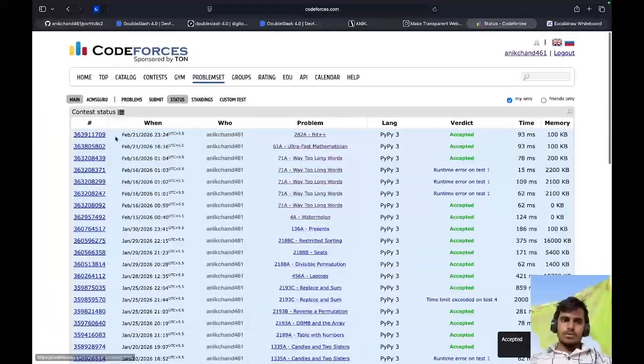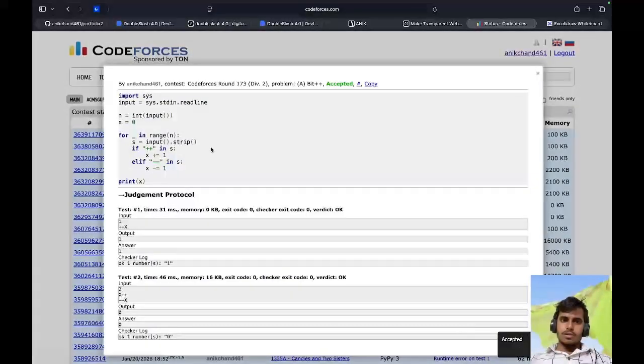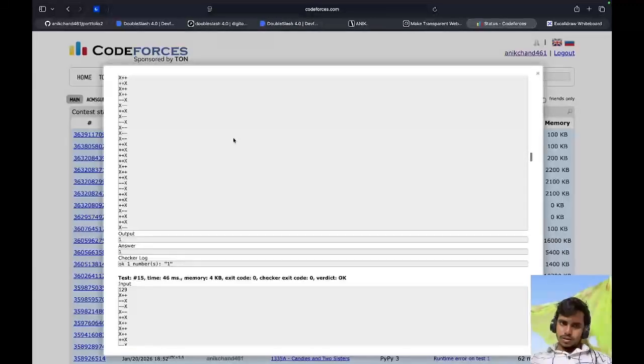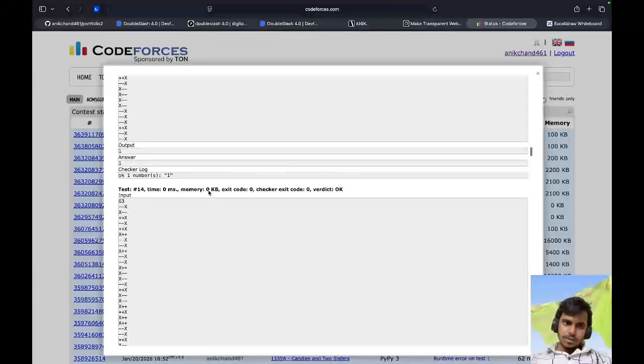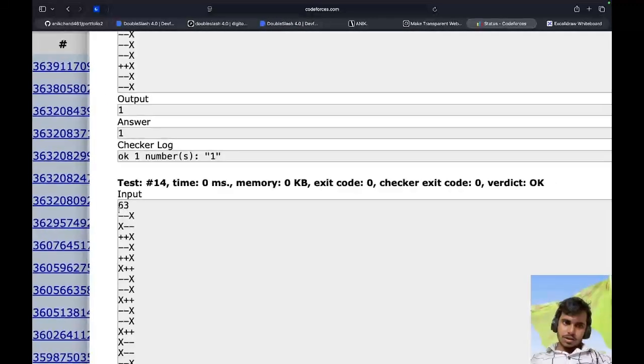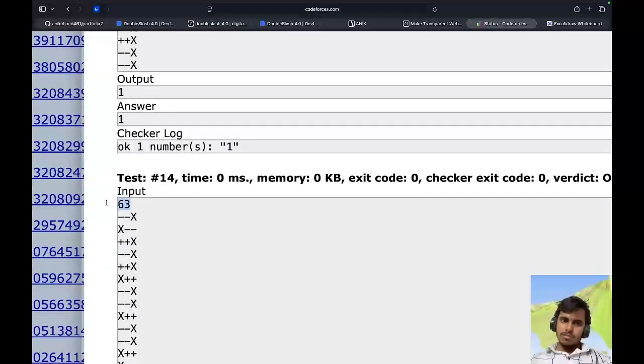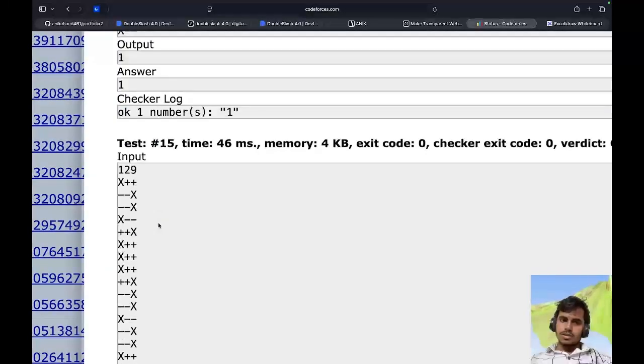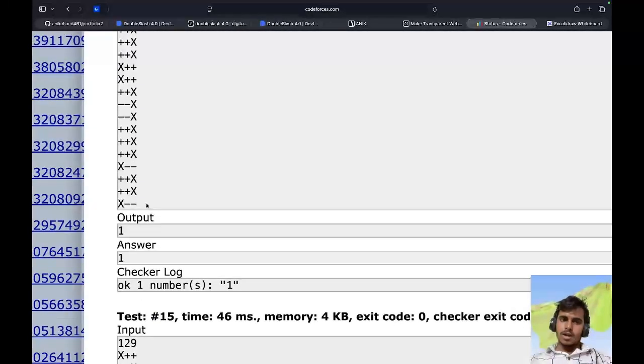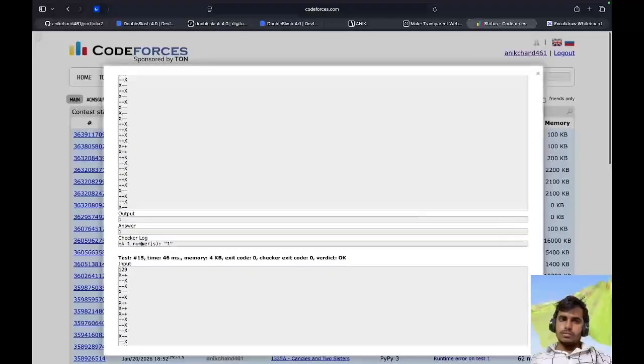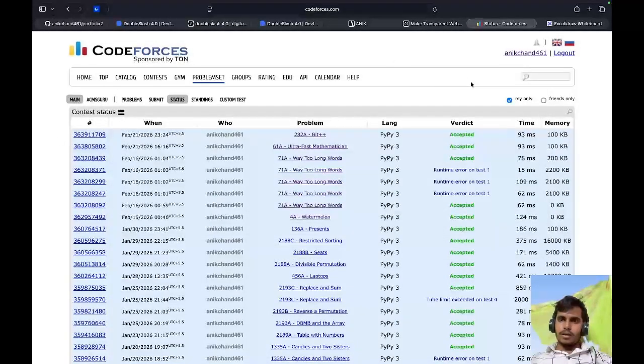So you can see this is accepted, and these all are the test cases. You can see in the test case, input n is 63, meaning here are 63 lines to execute, and after the execution the output will be 1. Okay, so goodbye.